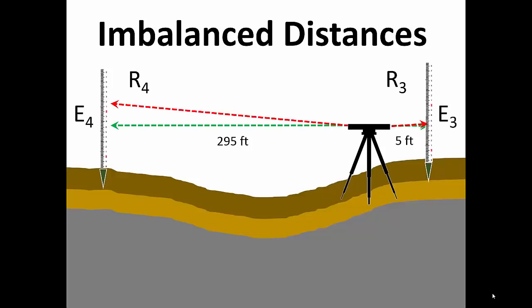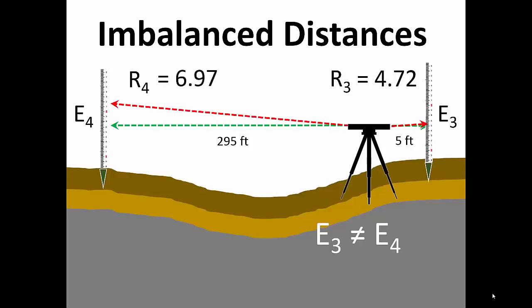But now notice that error 3 and error 4 are very different due to the imbalanced distances. In fact, because the distance to R3 is so short, error E3 rounds off to 0 feet. Here in our example, reading R3 is 4.72 feet and reading R4 is 6.97 feet.